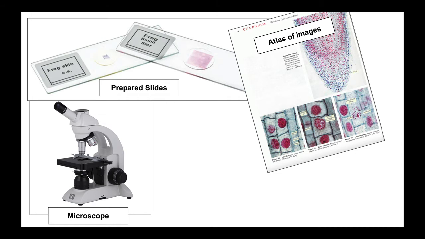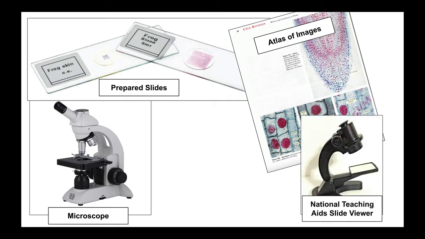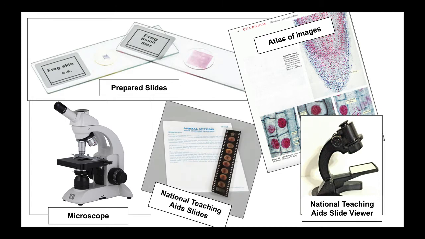And then I also have an antique. It's called the National Teaching Aids Slide Viewer, and it kind of looks like a microscope, but it's much simpler. With the National Teaching Aids Slide Viewer, you get a strip of images that look like the picture that I'm showing you right there in the middle, and it slides through the slide viewer.